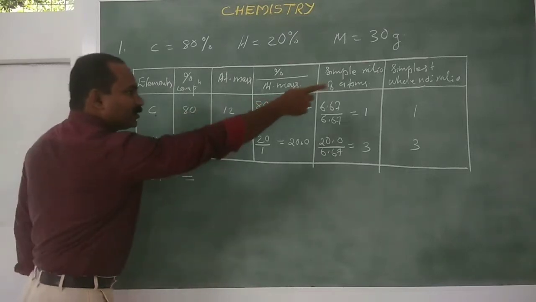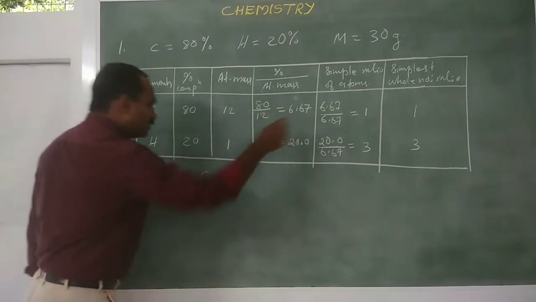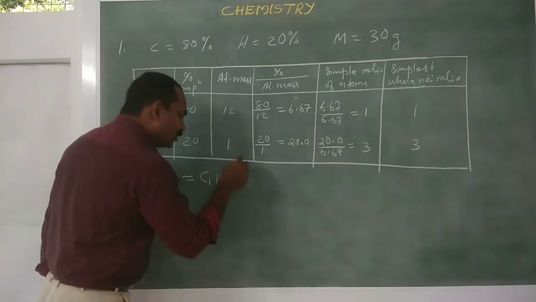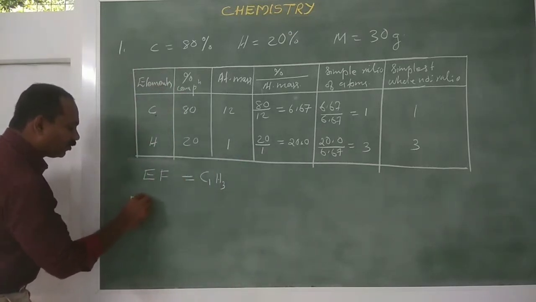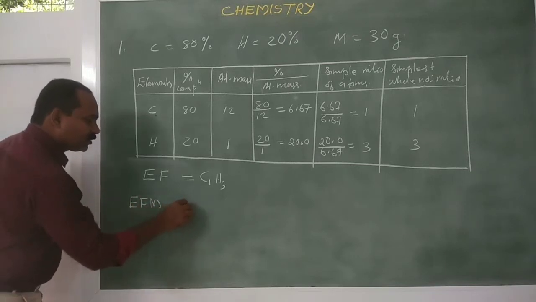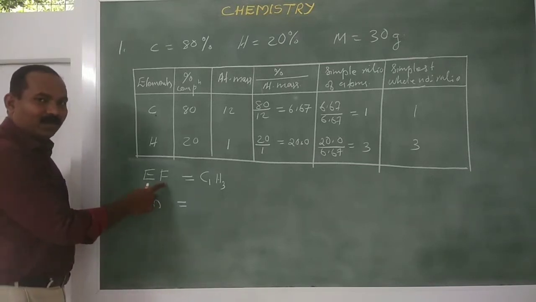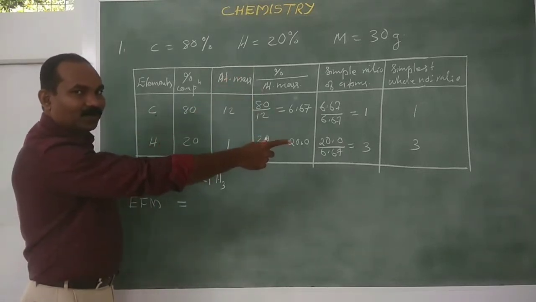How many carbon atoms? C1. How many hydrogen atoms? 3 hydrogen atoms. Okay. Then here itself we can calculate the empirical formula mass. I have shortly written the symbols. Empirical formula is calculated from the simple whole number ratio.